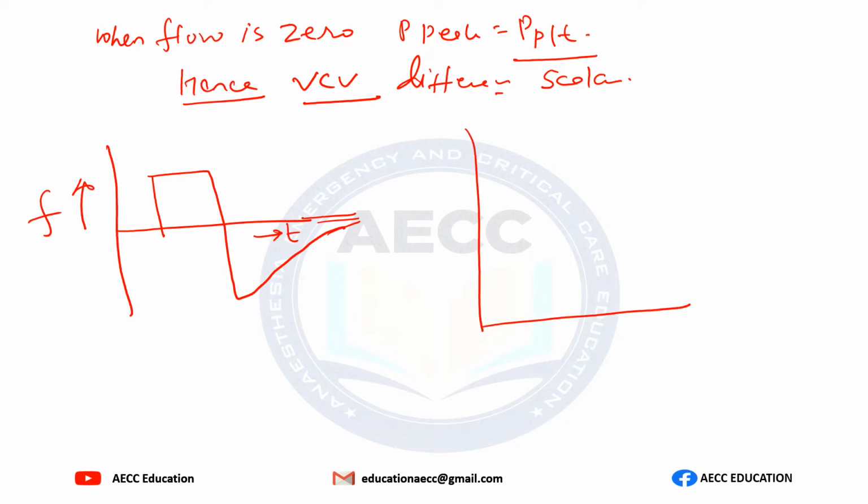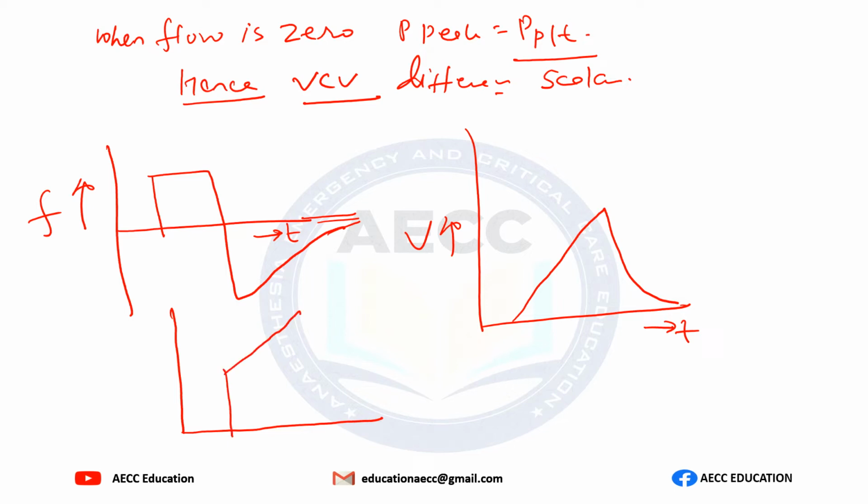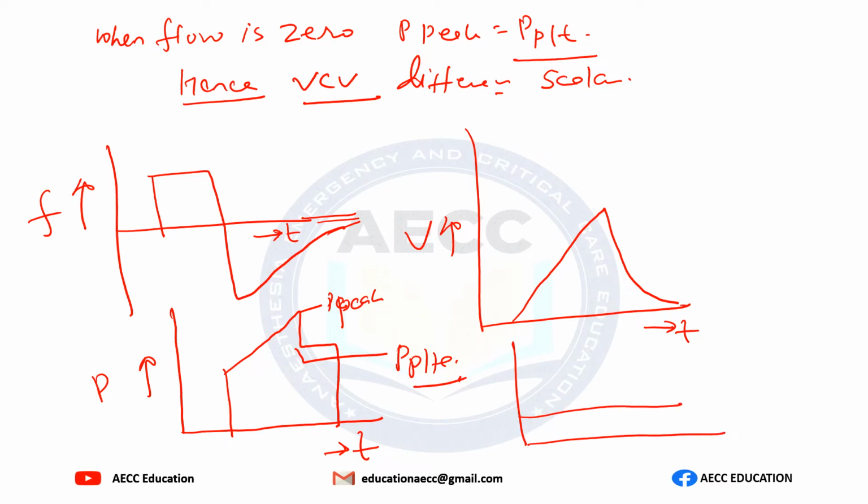This is the volume-time, and this one is the pressure-time, measuring both P peak and P plateau pressure if you are giving the inspiratory hold. Or if there is a baseline pressure, then it looks like this. This one is the baseline pressure.